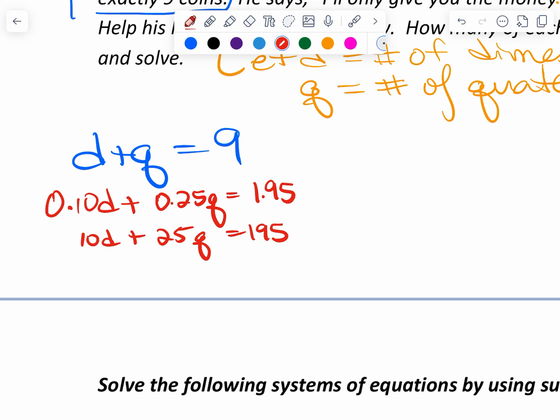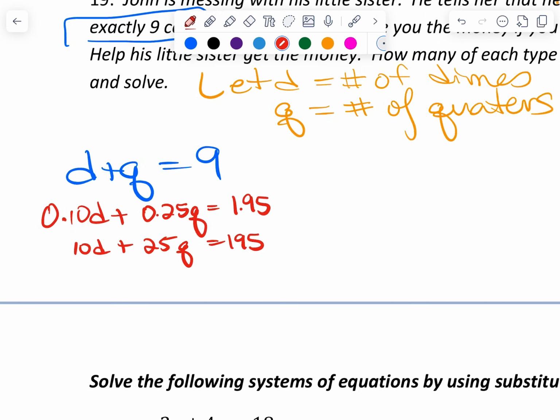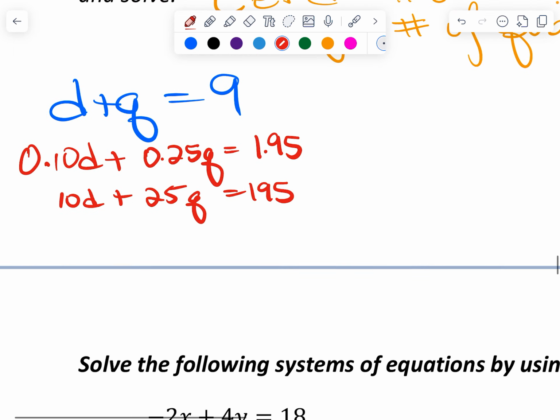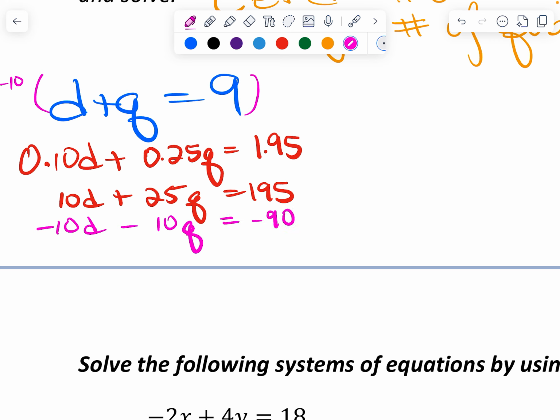Now, you can either do substitution. Does it ask? Nope, it doesn't ask which one. Or you can multiply through. I personally like to do elimination, so I'm actually going to multiply through by negative 10. So negative 10D minus 10Q equals negative 90.